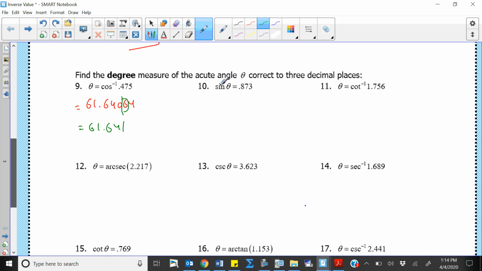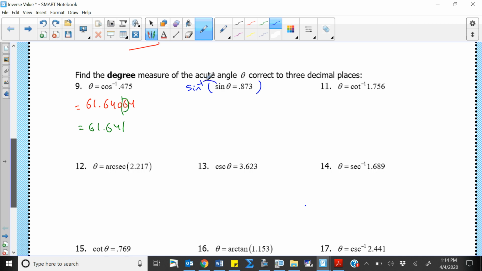Okay. The next one says sine of theta equal to 0.873. Here we are looking for theta, but theta is stuck with this sine. So I need to get rid of this sine, undo this one. In order to undo that, I'm going to use the inverse function, sine -1.